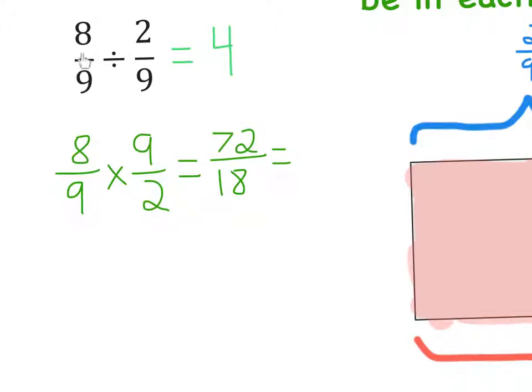So we leave 8/9 alone because we can't change what we're starting with. We multiply by 9/2, we get 72/18, because when we multiply fractions, we multiply both the numerator and the denominator straight across. So 8 times 9 is 72, 9 times 2 is 18. But I recognize, 1, it's an improper fraction, 2, they can be reduced because they are both even. And most likely you may have started with dividing by 2, but I recognize both of these are multiples of 9.